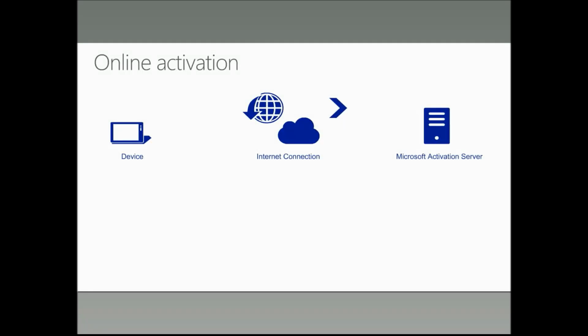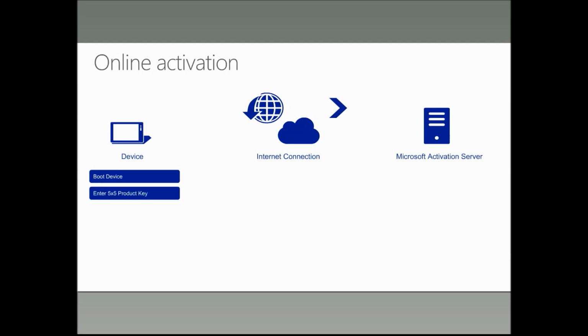Che, if you can just go through the animation not too fast, and then I'll try to follow up. So online activation is really the process of gathering an identification application ID from the device, sending it to a Microsoft Activation Server with a product key, getting a confirmation ID and installing it on the device.